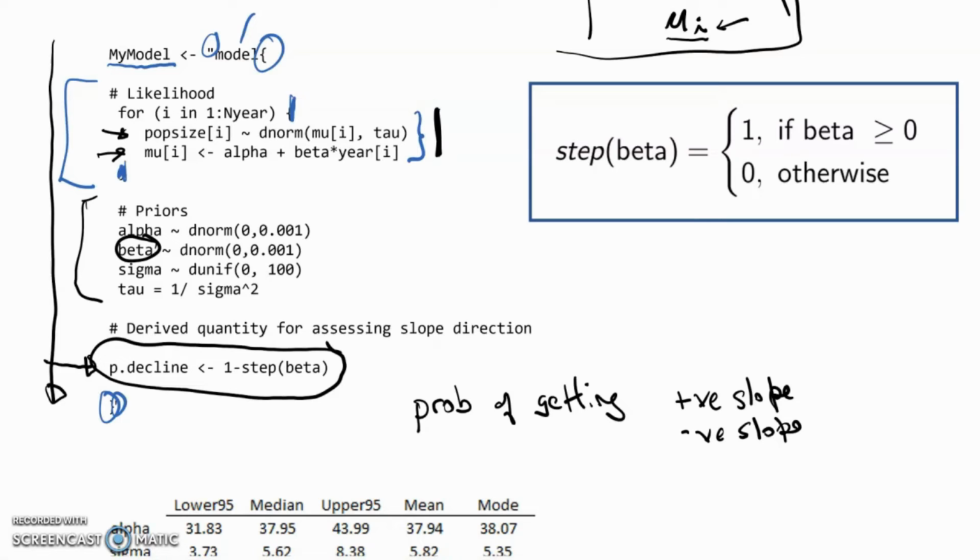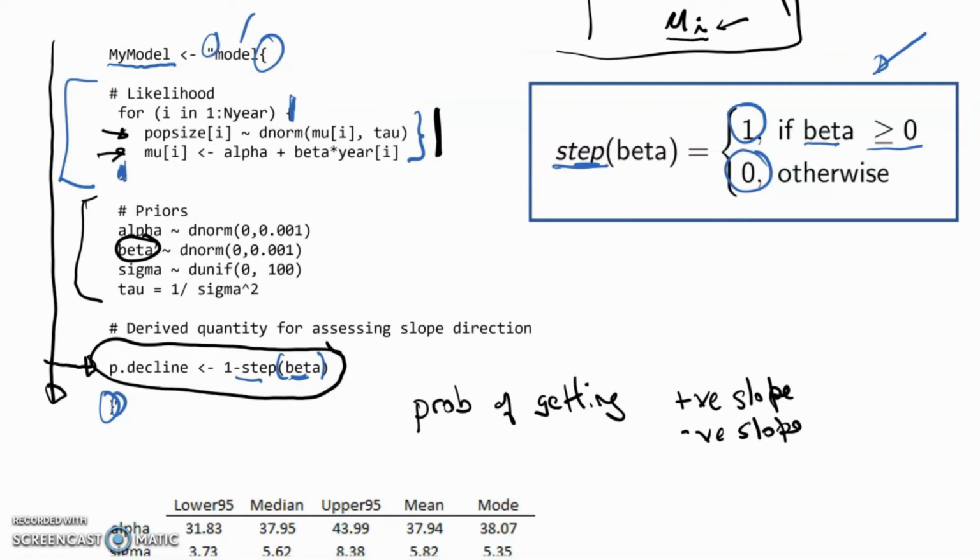But again, what does this step function do when it operates on beta? Well, that's shown here: if beta is greater than or equal to 0, the value of step beta is going to be equal to 1. In contrast, if that's not true, if beta is less than 0, then the value of step beta is going to be equal to 0.